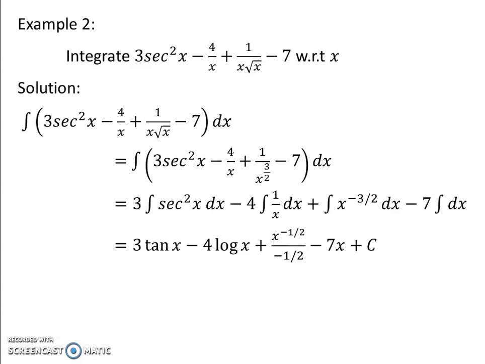So 4 log x plus, again for the third term, x raised to n plus 1 upon n plus 1. Minus 3 by 2 plus 1 is minus half. So x raised to minus half upon minus half, minus 7x plus c. Simplifying, we get x cube minus 4 log x minus 2 upon root x minus 7x plus c.